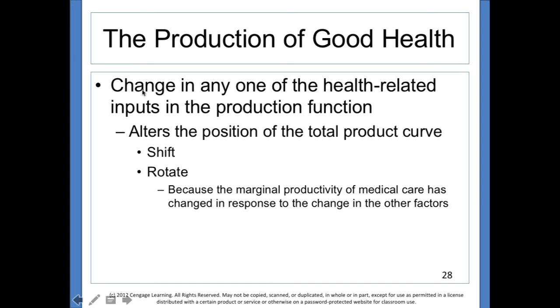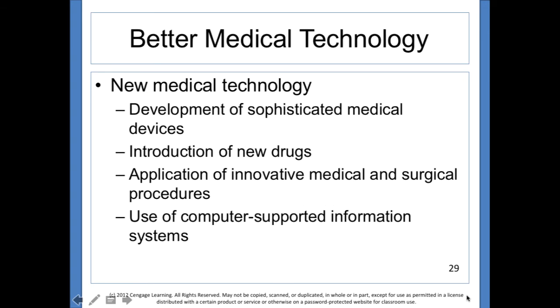So, for example, any of those other factors, other inputs that we mentioned before: profile, lifestyle, environment, technology, are going to shift or rotate our production curve because the marginal productivity of medical care has changed in response to the change in the other factors. So what does it mean?